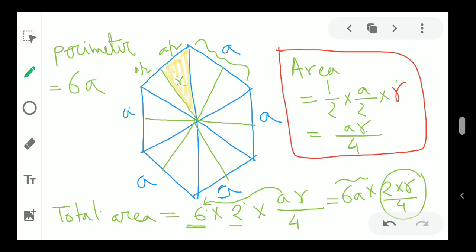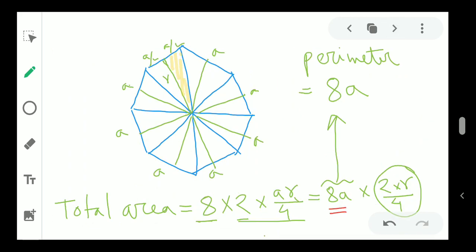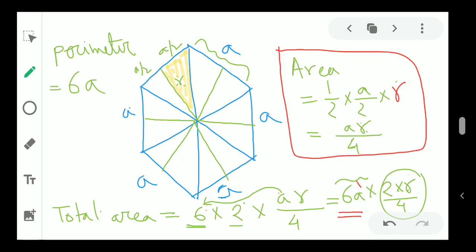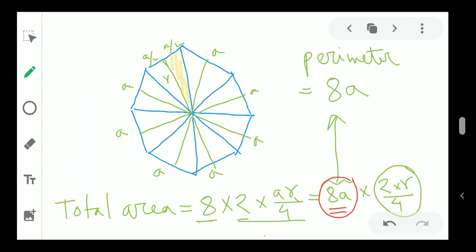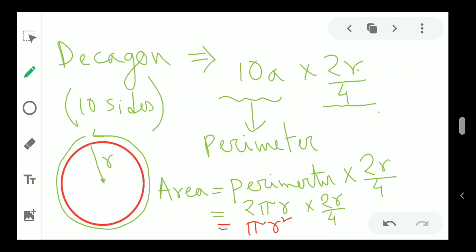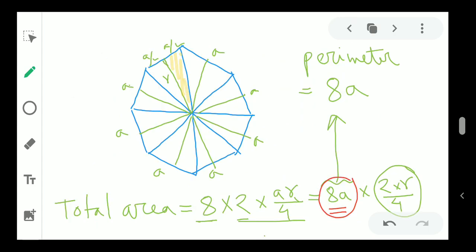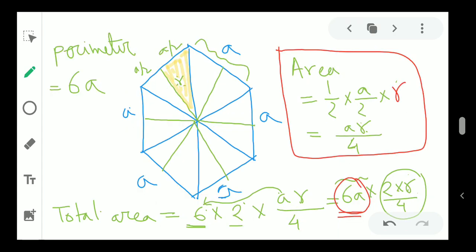Once I saw that in hexagon this is coming, and in octagon also this is coming, whereas this portion is nothing but the perimeter. So this is the perimeter of hexagon, this is the perimeter of octagon. If I do it for decagon, it will come as the perimeter of decagon into this portion. So this is constant, this one is the same for all.